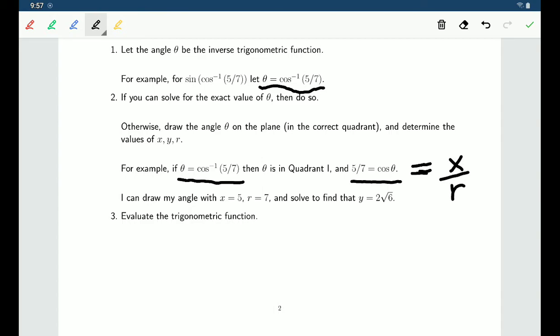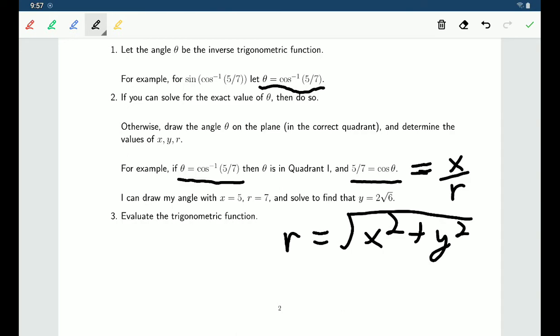So now we know what x is, now we know what r is, and then finally we use the relationship r is square root of x squared plus y squared, or equivalently, r squared equals x squared plus y squared. We use that relationship to solve for the missing value, and here the missing value is the y value.